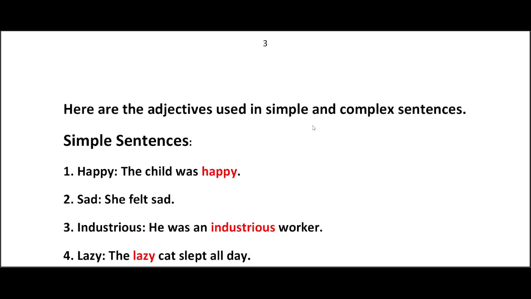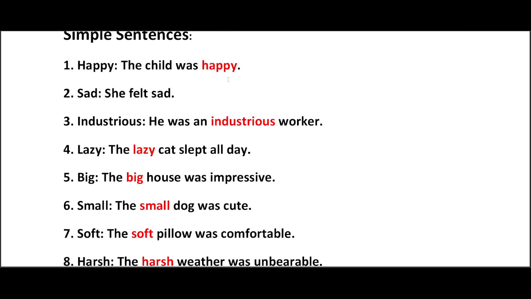Here are the adjectives used in simple sentences. I have used these adjectives in simple sentences, and for your understanding and knowledge, I have also used these adjectives in complex sentences. Happy, the child was happy. It's a simple sentence, and happy is used as an adjective.